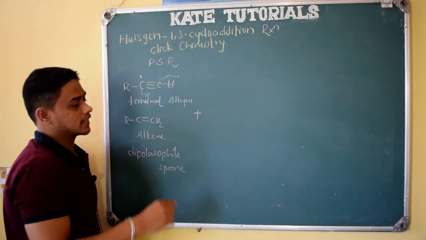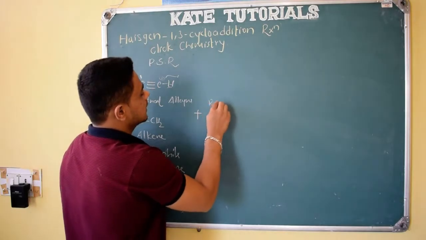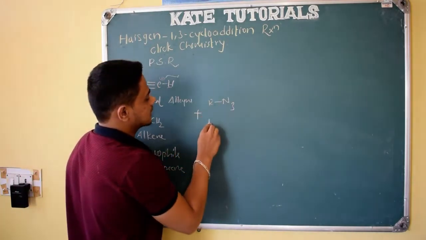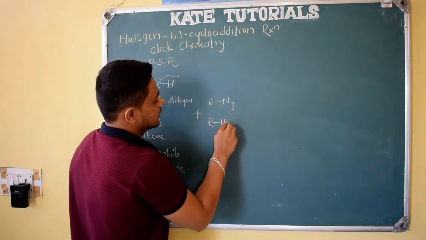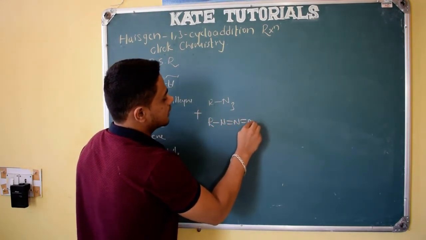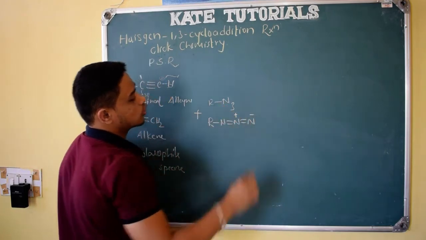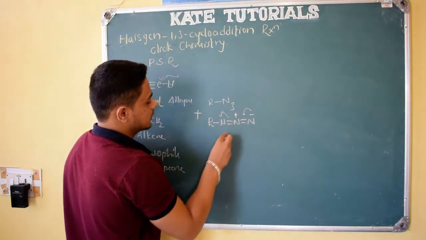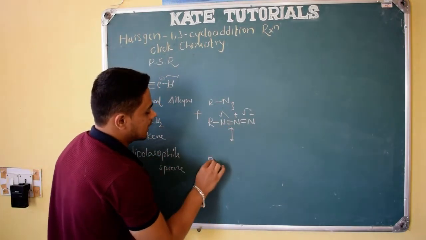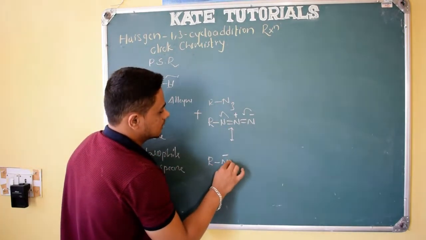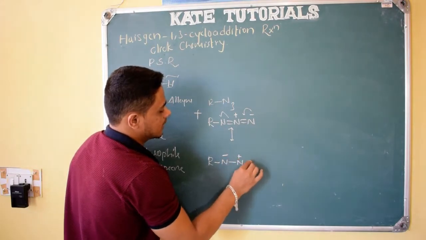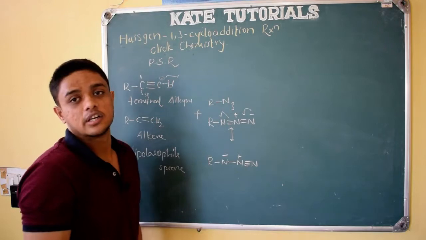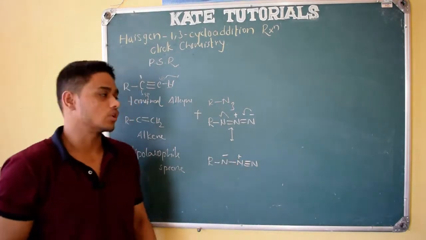This is the first reagent, and the second reagent we use is a compound like RN3. If we want to write the structure: R N double bond N double bond N, where one N gets a minus and the other N gets a plus, right? And if I draw the resonating structure: R N minus, single bond, N plus, triple bond N. Total minus and plus cancel out, so it is neutral, zero charge.